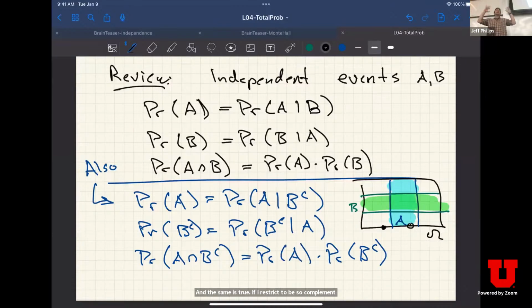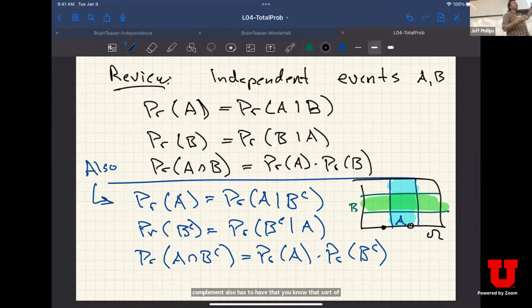I've just taken the total sample space and cut out a piece that has the same proportion of A in that piece as I have in the whole. So it makes sense that the complement also has that property.